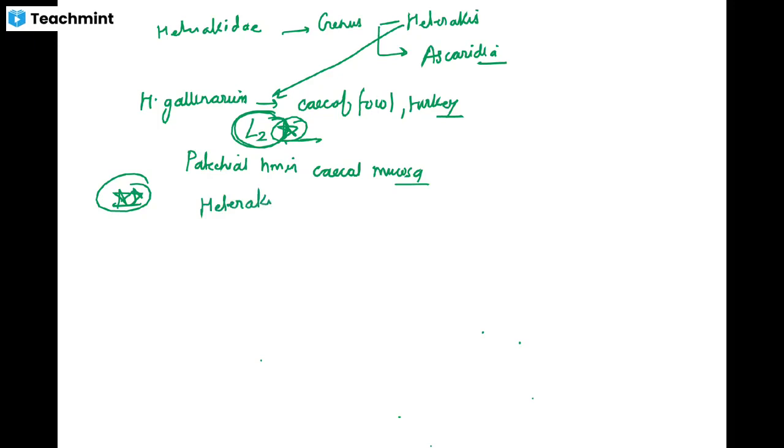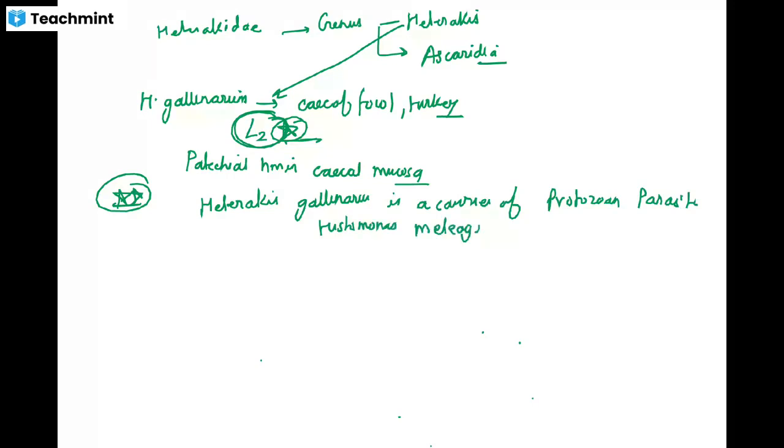So Heterakis gallinarum is a carrier of the protozoan parasite Histomonas meleagridis, and Histomonas meleagridis causes blackhead disease in turkey, or enterohepatitis.